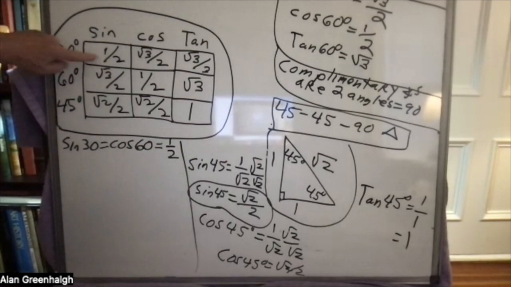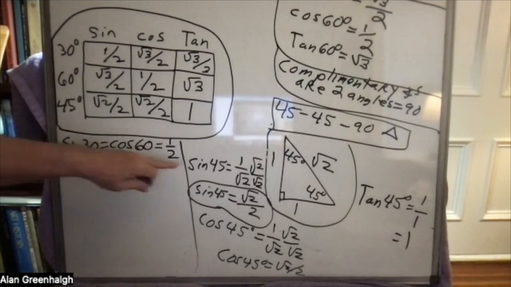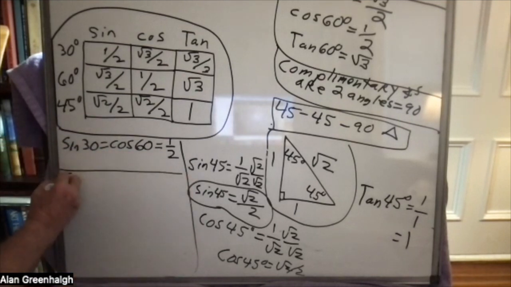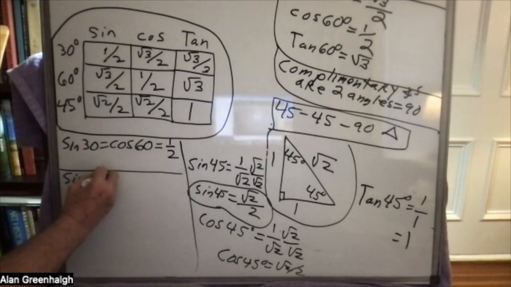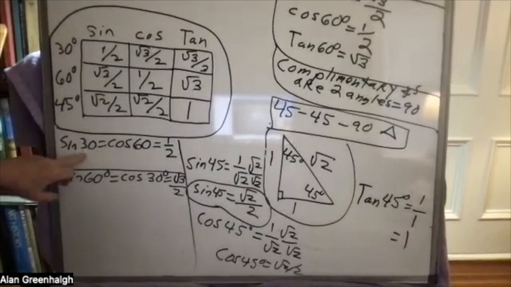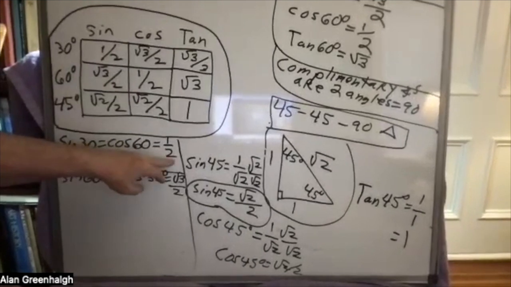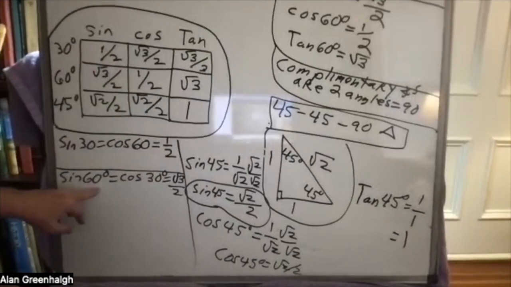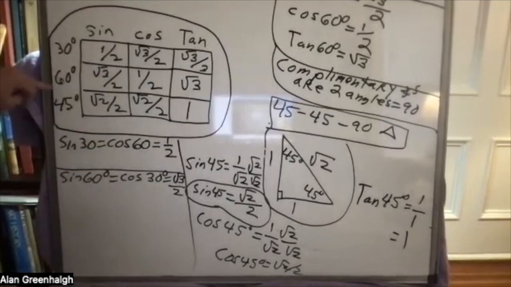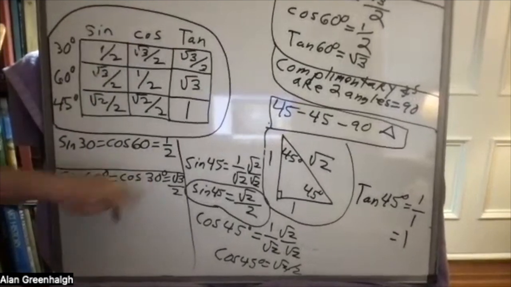They both equal 1/2, because 30 plus 60 is equal to 90. Remember what I said? They're co-functions. The sine of 60 is equal to the cosine of 30, because 60 plus 30 is equal to 90.